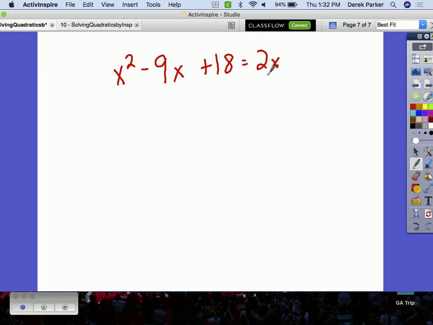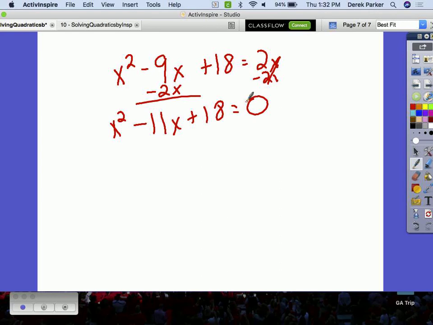To do that, I have to move the 2x over. Combine the like terms and I'll get x squared minus 11x plus 18 equals 0.